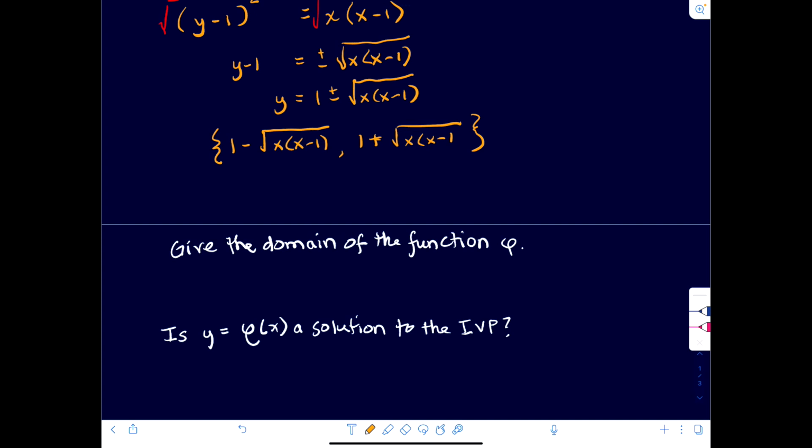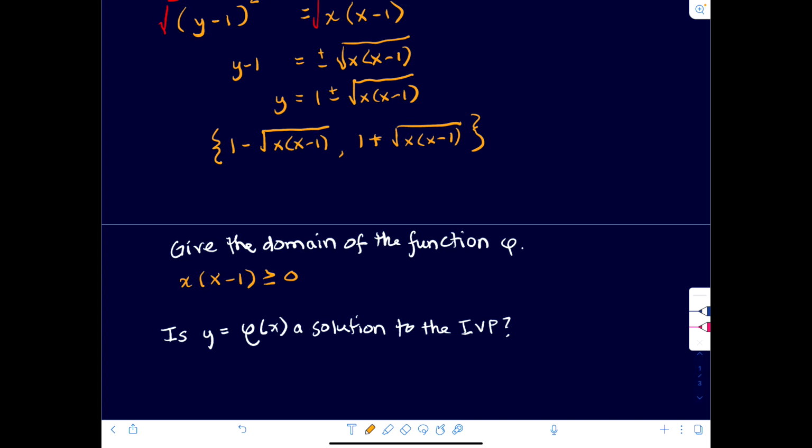To find the domain, we need to take a look at when the expression is undefined. Here we need x times (x − 1) to be greater than or equal to 0.